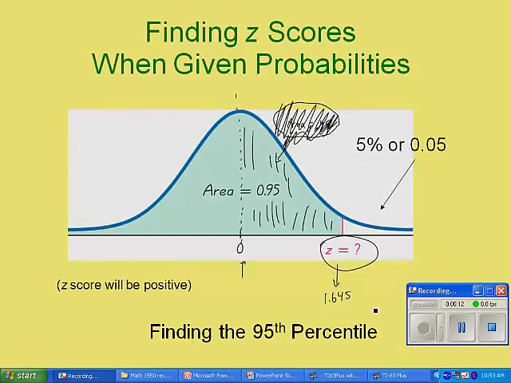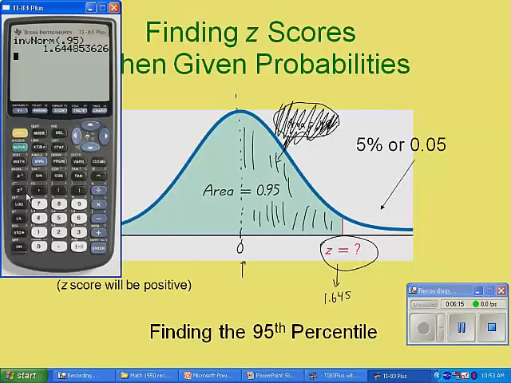Hey, by the way, I want to repeat the experiment and just show you something. If I do inverse norm, and instead of doing 0.95, what if I did 0.05? Now, I don't want to type the answer yet. Just think.